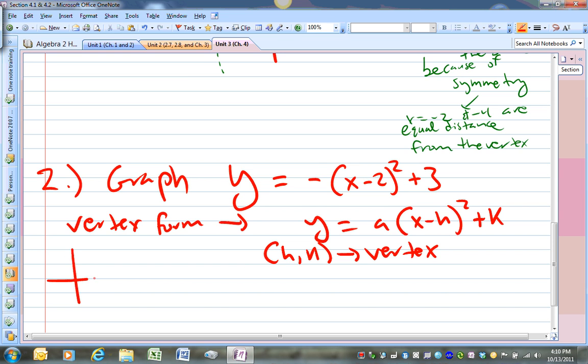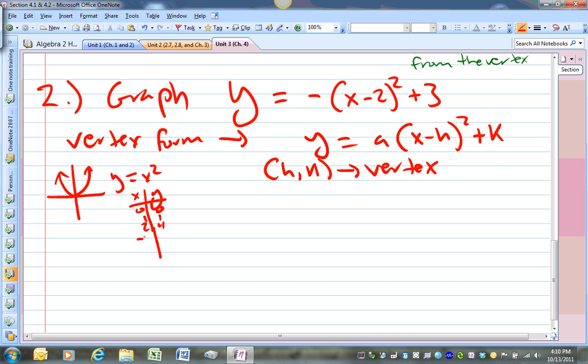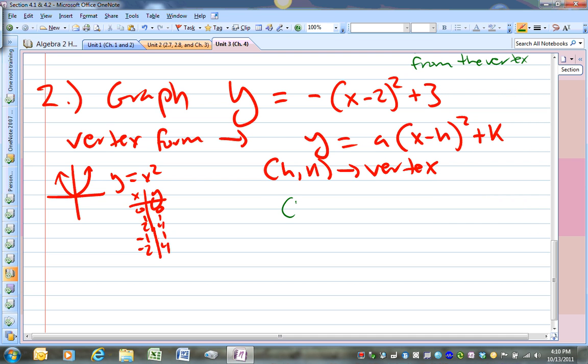So y equals x squared, the most basic parabola you can draw, is that. Because if you were to plot points, you get 0, 0, 1, 1, 2, 4. Negative 1, 1, negative 2, 4. So anyway, for our particular problem, our vertex will be 2, 3.